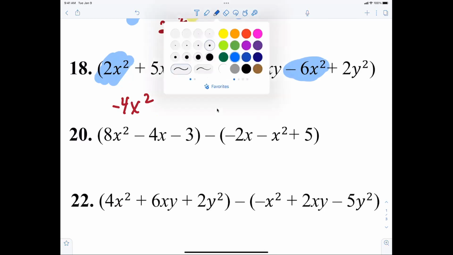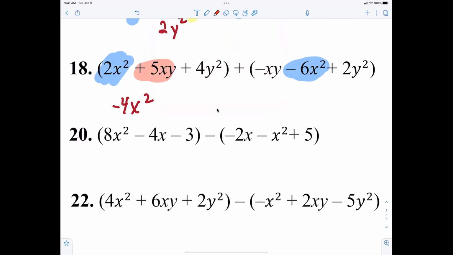Next, I'm looking at 5xy minus, how many is that? 1xy gives me what? Positive 4xy. And then 4y squared plus 2y squared is, say it, 6y squared, positive 6y squared.